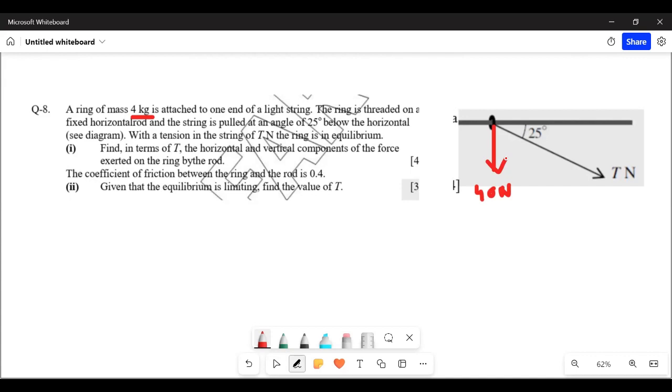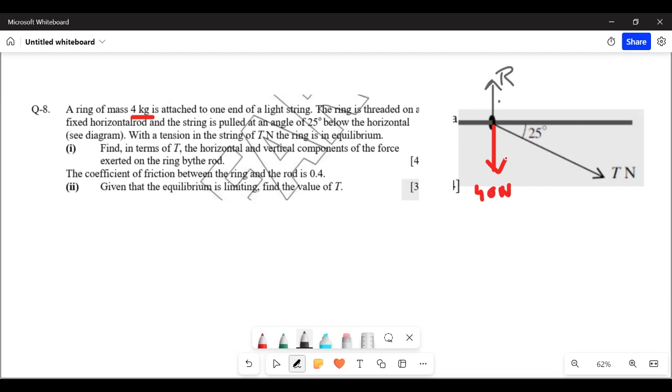Okay, so vertical and horizontal components of the forces exerted on the ring by the rod. There's going to be a normal contact force exerted on the ring by the rod. It's going to be in the upward direction.